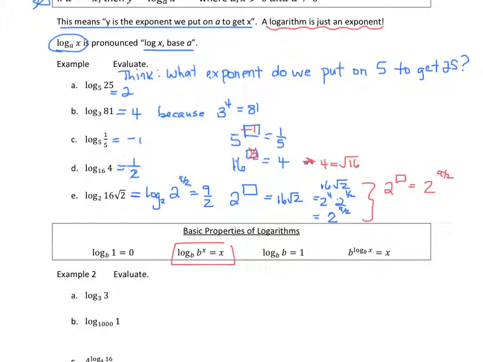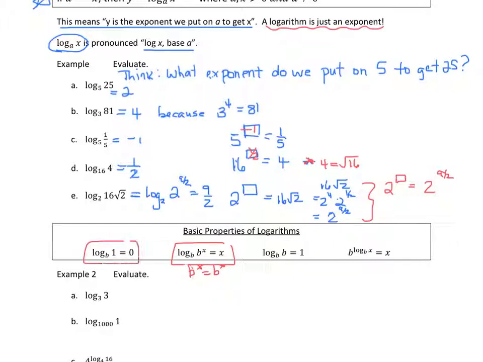Because if I write that in exponential form, it means b to the x equals b to the x. That is very difficult to see on this side. And that, of course, will be true for all values. There's some other basic properties of logarithms that you should know. The first one says log 1 base b equals 0.